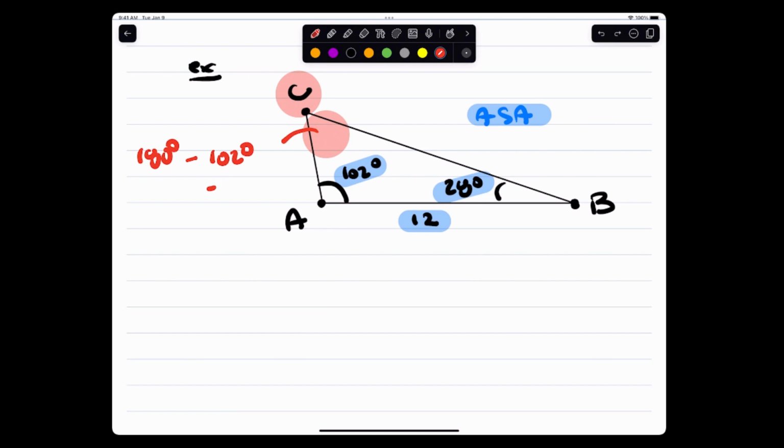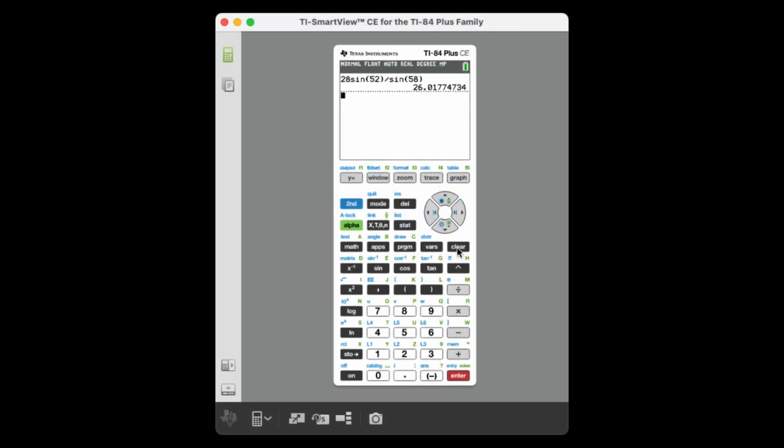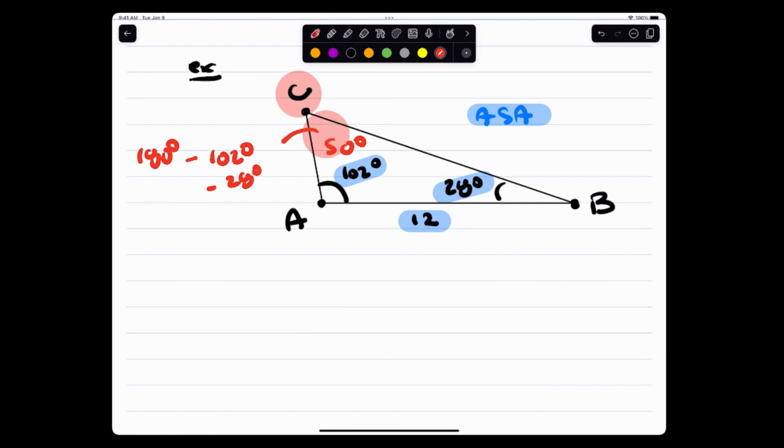What do you think you're going to end up getting here? 180 minus 102 minus 28. What does that equal, ladies and gentlemen? 50 degrees here. So you found the missing angle. You got 3 angles now.